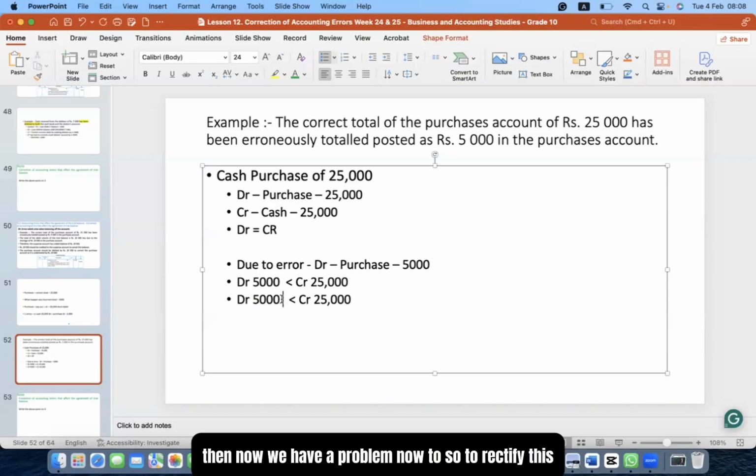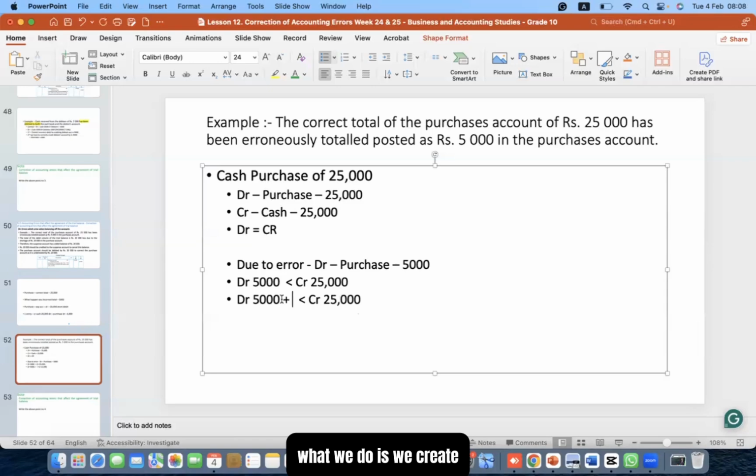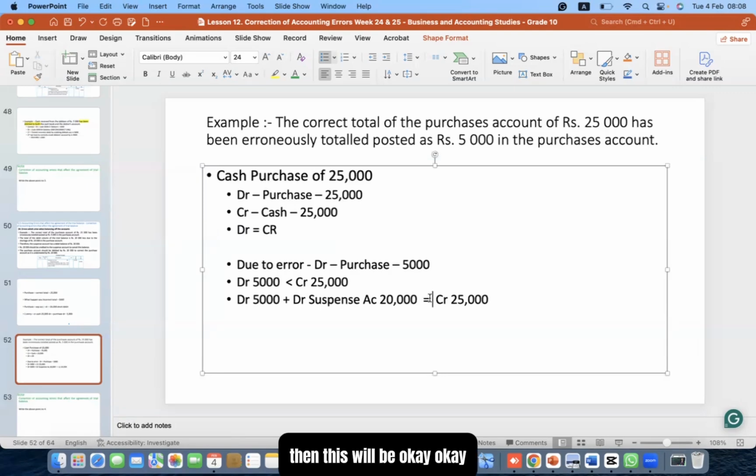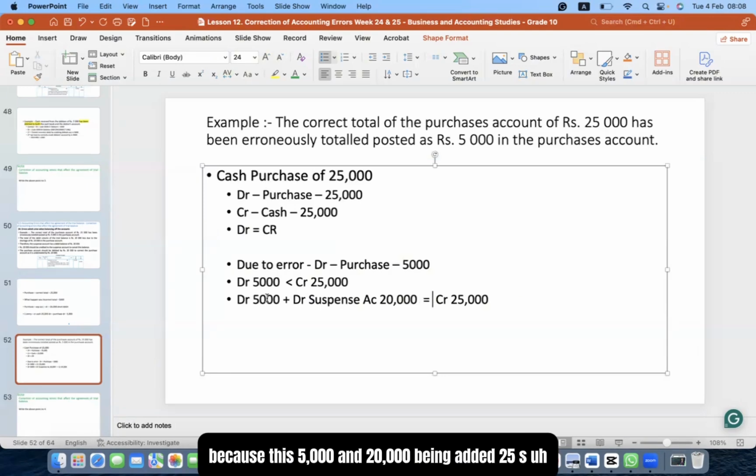To rectify this, what we do is debit the suspense account by 20,000. Then this will be okay, because this 5,000 and 20,000 being added make 25,000. So the trial balance is all balanced.